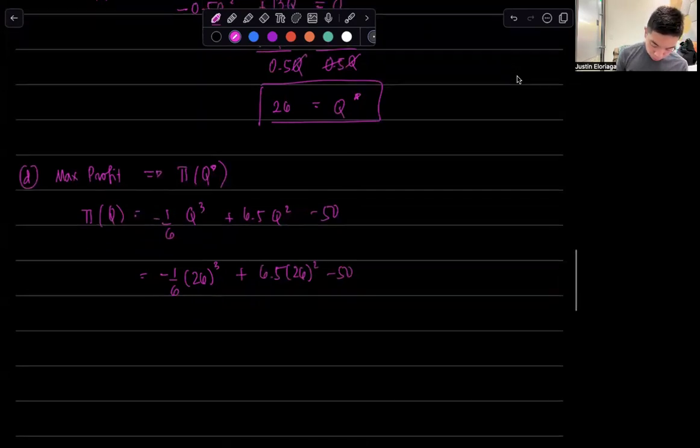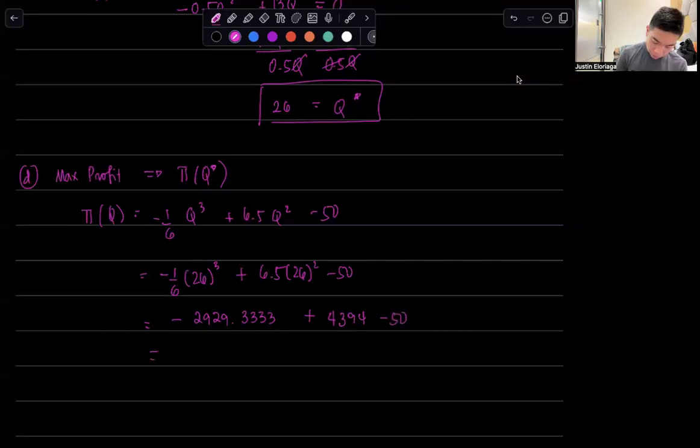First, we need 26 cubed, which is 26 times 26 times 26, that's 17,576, divided by 6, giving minus 2,929.3333. Plus 26 times 26 times 6.5, which is 4,394, minus 50.